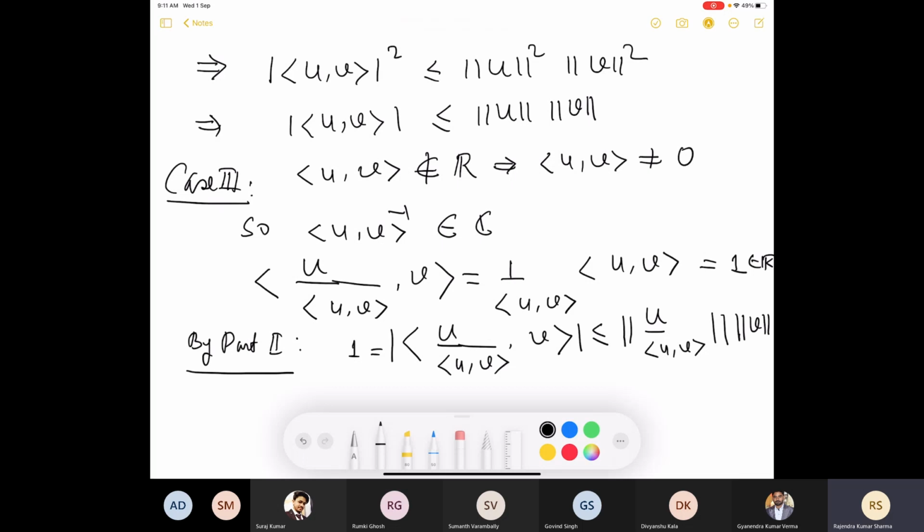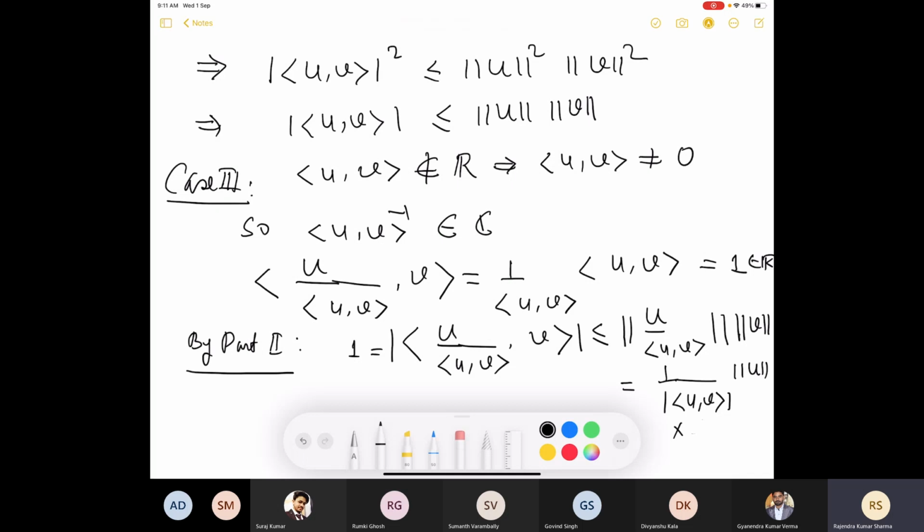Now this is alpha u, and therefore this is the same as 1 by modulus of (u, v) times norm of u times norm of v.